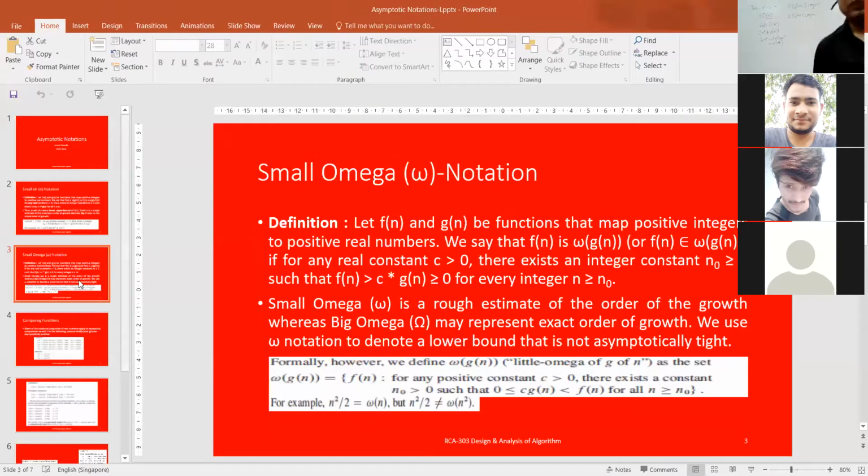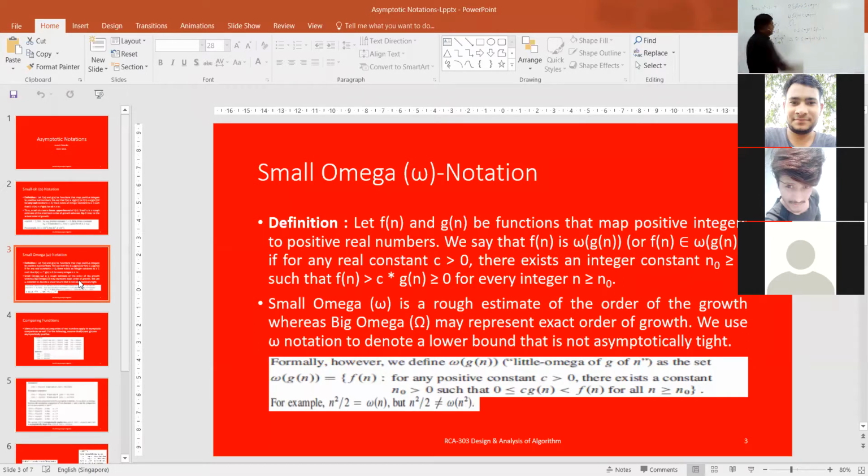Similarly, small omega notation provides us a loose lower bound. For omega notation, we write 0 less than or equal to C into g(n) less than or equal to f(n). And for small omega, we write 0 less than or equal to C into g(n) less than f(n). Again, equal to is not here.